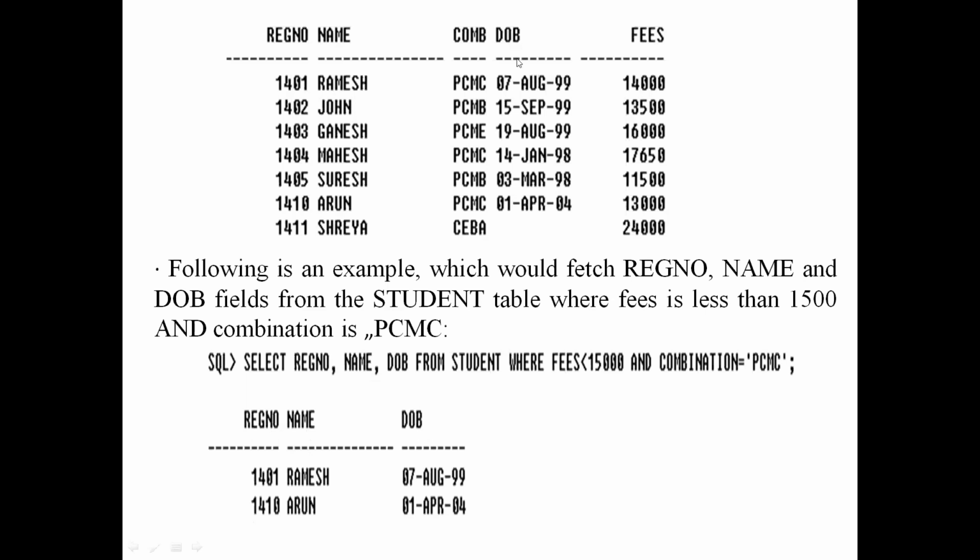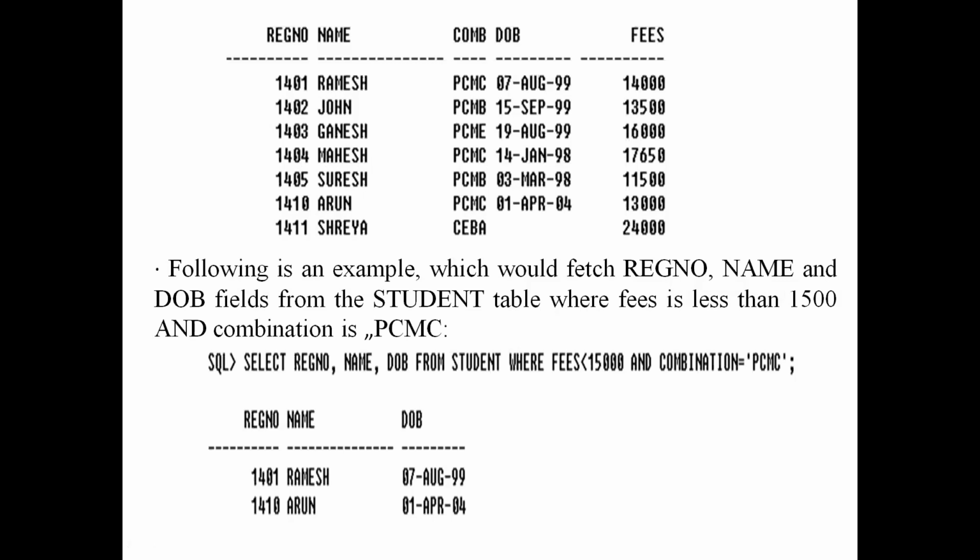If you observe the original table, you can check PCMC first. How many PCMC records are there here? See here, Mahesh is one PCMC, then Arun is another PCMC, right? Then you observe the fees also. 1404, Mahesh, PCMC, 14 Jan 98.